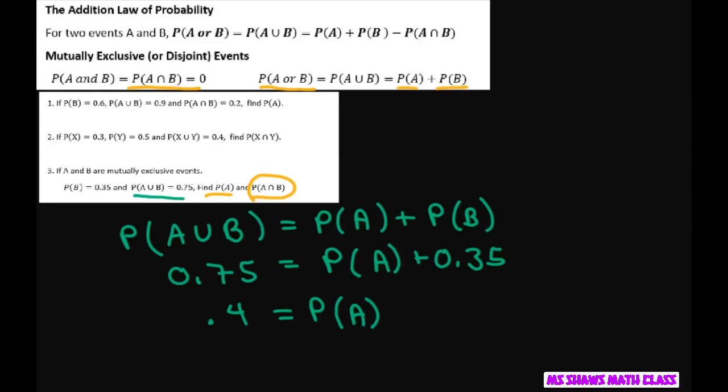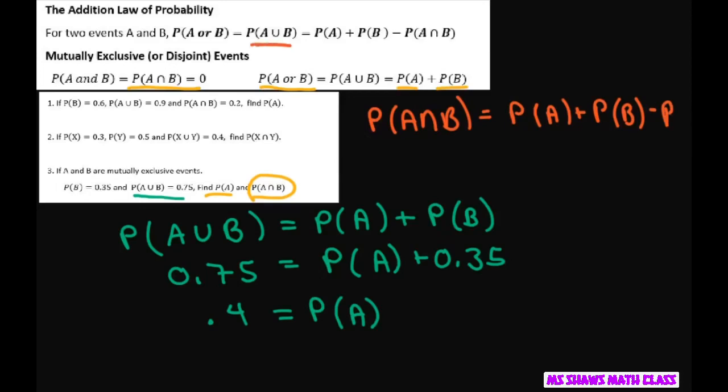Now, to do probability of A and B, that's just going to be probability of A and B equals probability of A plus probability of B minus probability of, I'm just rewriting this equation, and I should have saved room, so I'm going to move it over a little.